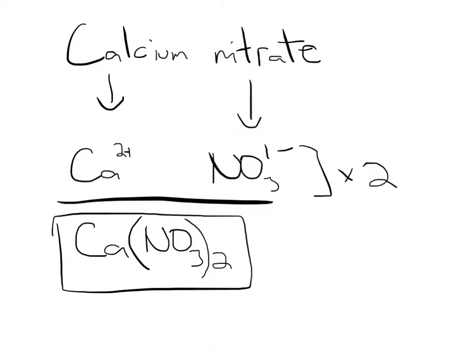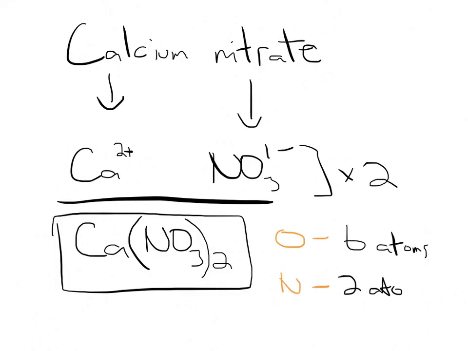Now, take a second, and I'll ask you this question and then give the answer as a last question here. Looking at this compound, calcium nitrate, how many oxygen atoms and how many nitrogen atoms are in that compound? If you said for oxygen 6 atoms and for nitrogen 2 atoms, you're right.